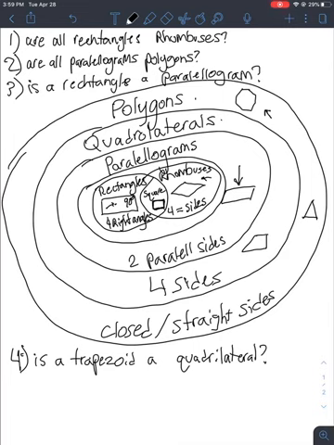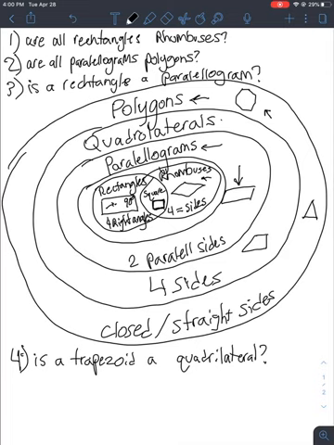And number 2, are all parallelograms polygons? If you said yes, then you are correct. So the parallelograms are right here, the polygons are right here, so the parallelograms are within the center of the polygon category. So that means that yes, anything encircled in the polygon circle is a polygon.